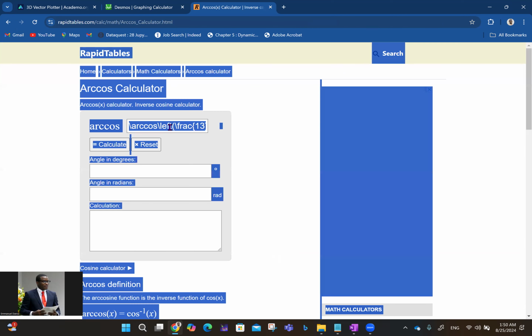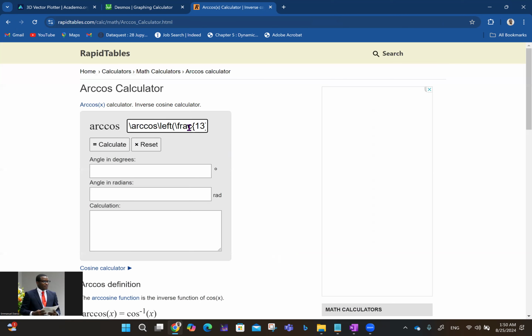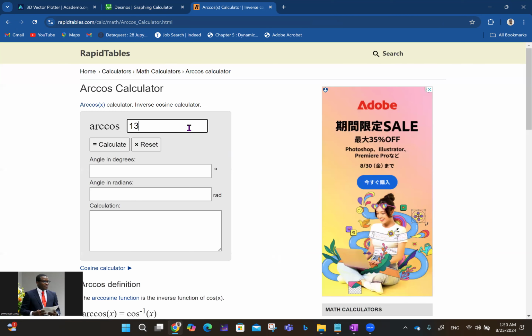In this case, I don't think we need all these things. So it's just 13 divided by the square root of 38 times the square root of 17.